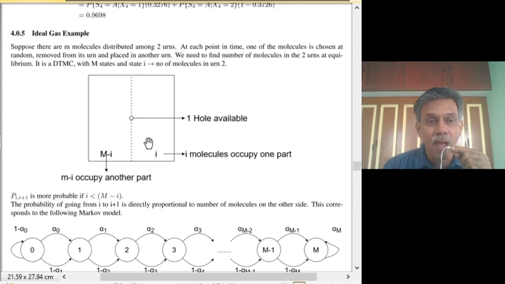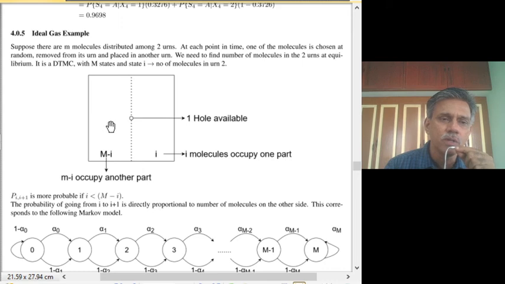So if there are I molecules, the probability that one molecule crosses over will be proportional to I. Similarly, the probability that there will be a crossover of a molecule in a unit time from the partition containing m minus I to the other is proportional to m minus I.